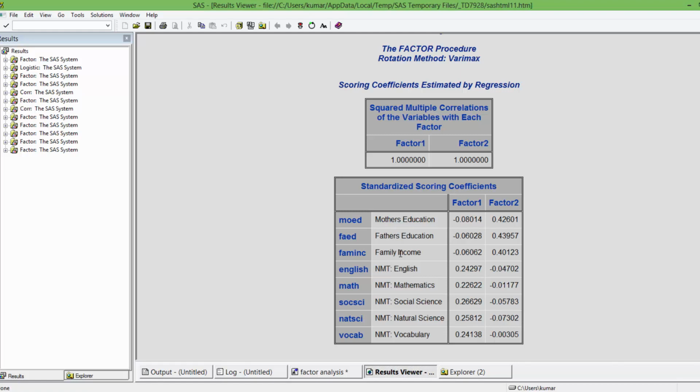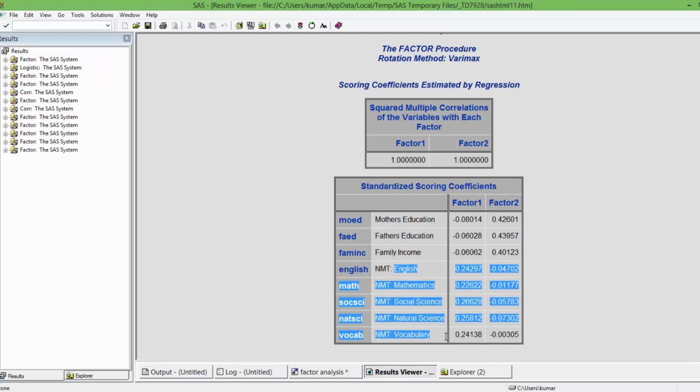The next factor is factor 2. It has 5 variables, right? English, mathematics, social science, natural science and vocabulary. Well, what do we call it? Quantitative and verbal ability. We have clubbed them together.